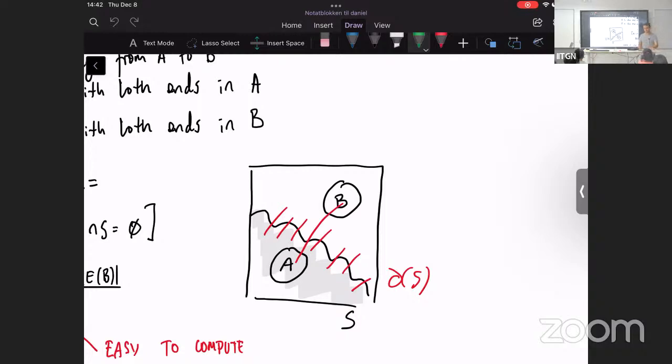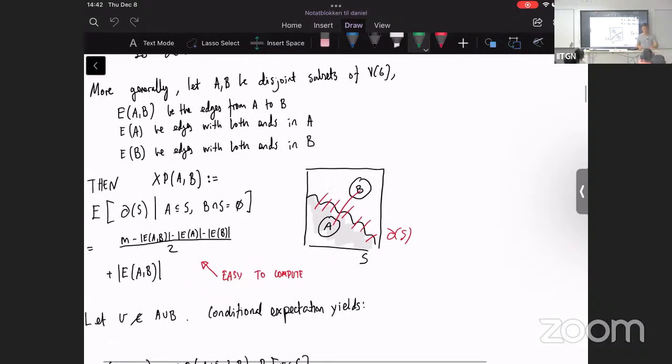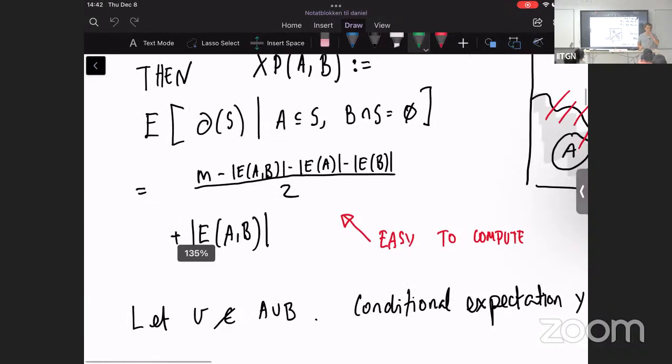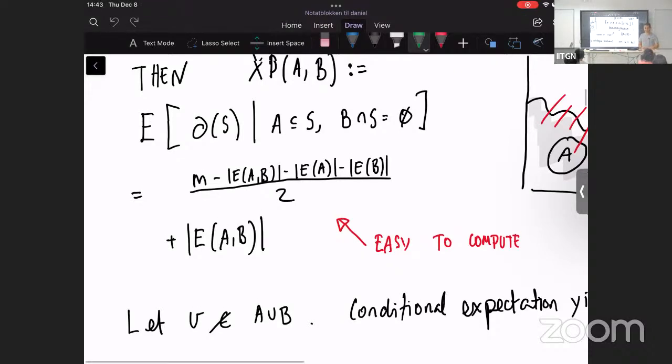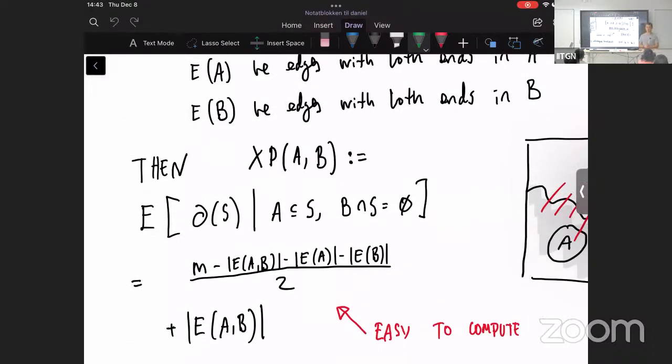So in particular, XP of AB is nothing but M minus EAB minus EA minus EB over 2. So that's everyone else over 2, plus 1 for every EAB edge. So notice that for every pair of disjoint sets A and B, I can actually compute the conditional expectation quite easily.